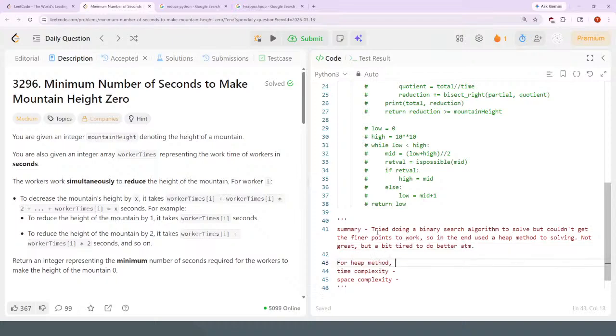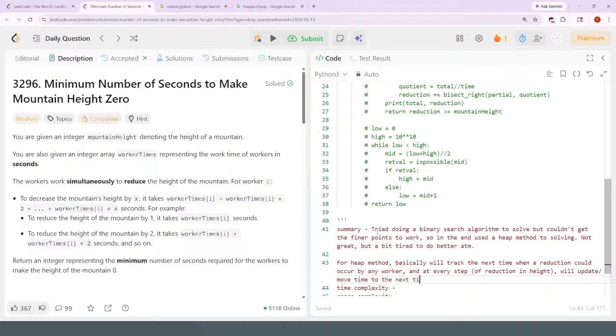For heap method, basically we'll track the lowest total time, track the next time when a reduction could occur by any worker, and at every step, every reduction in height will update and move time to the next time where a worker would reduce height.